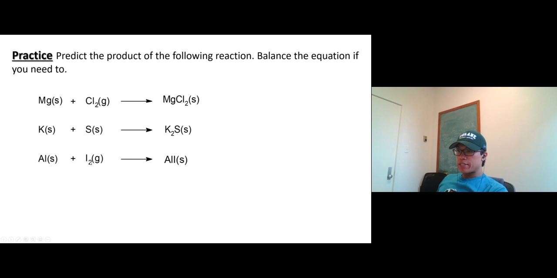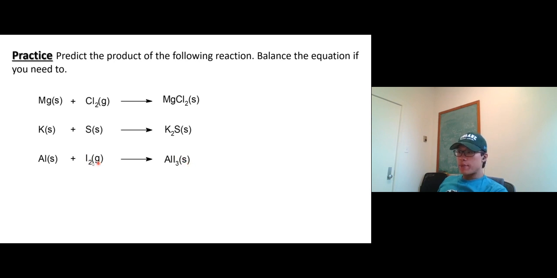Now, aluminum and iodide. So you're going to get aluminum iodide. Look at the chart. So aluminum, group 3 plus 3. Iodide, group 7 minus 1. Cross it over, AlI3. Right, so 1 aluminum, 3 iodine.